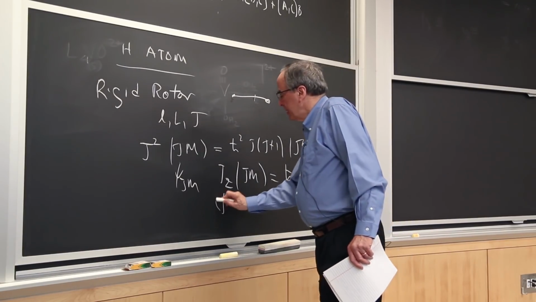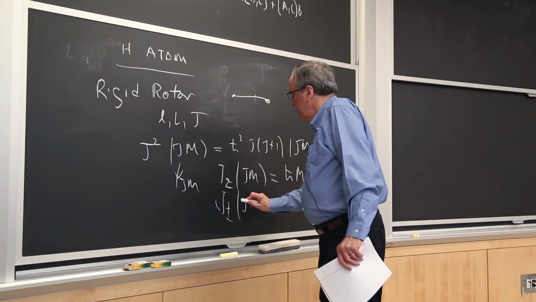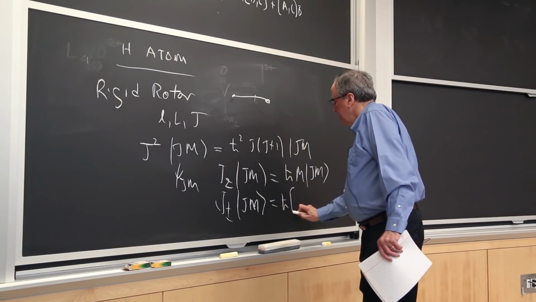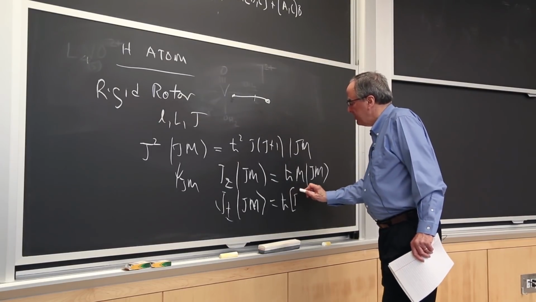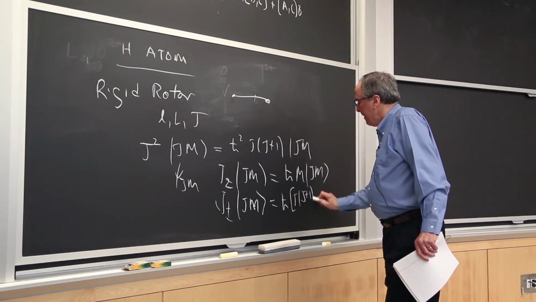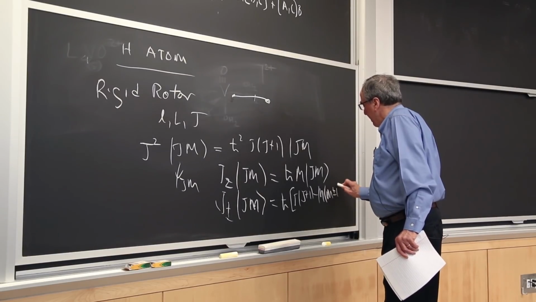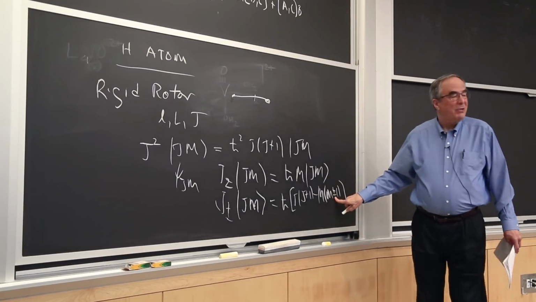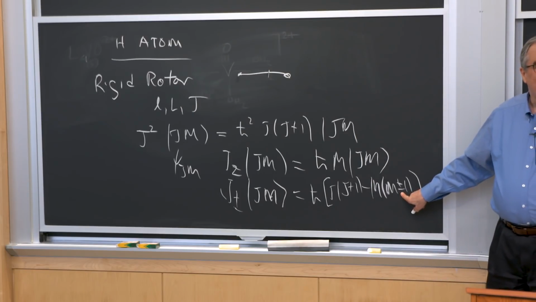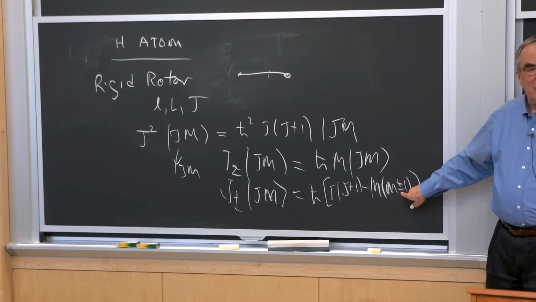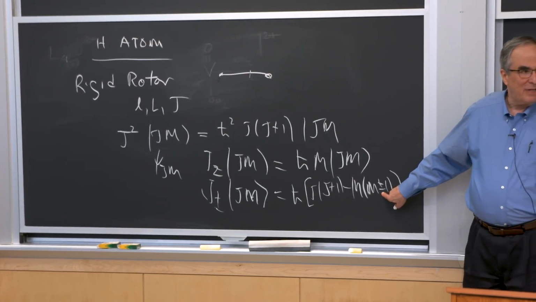And we can have J plus or minus operating on |J m>. And that's h bar times this more complicated looking thing, the square root of J(J+1) minus m(m plus or minus 1). So that's the only bit you have to remember. And you might say, well, is it plus or minus 1 or minus or plus 1?